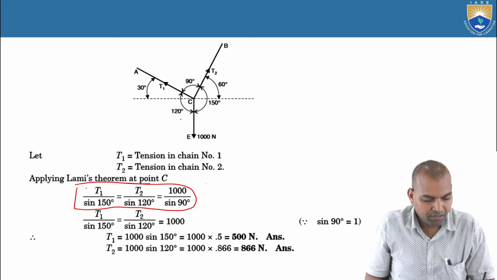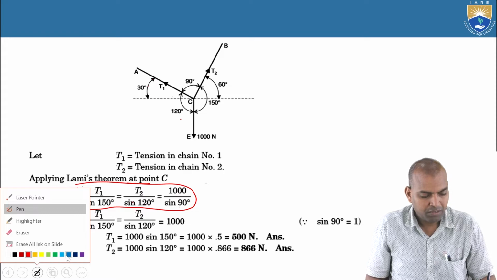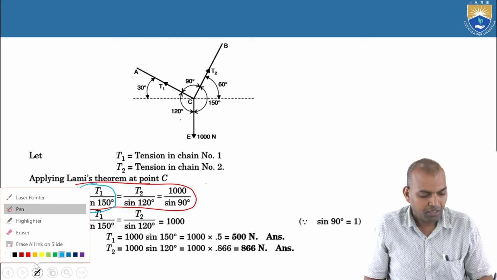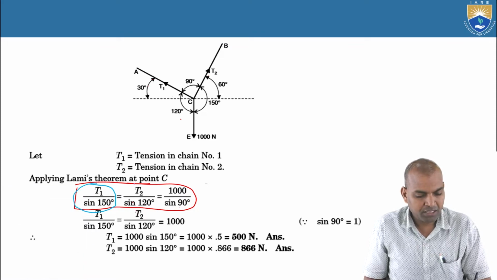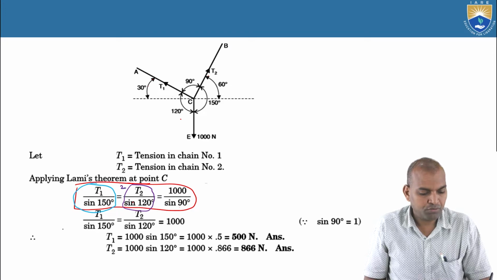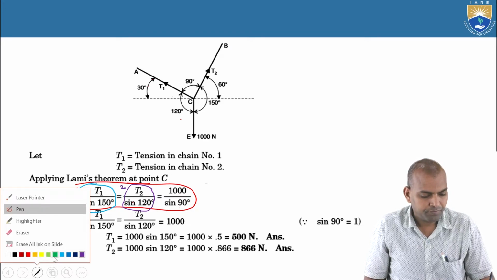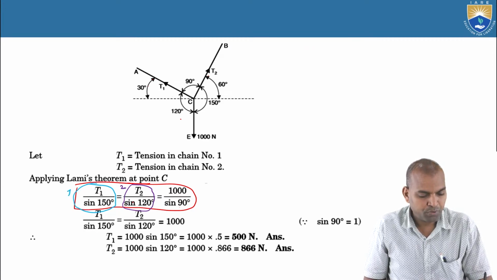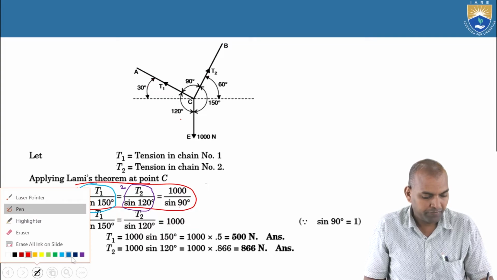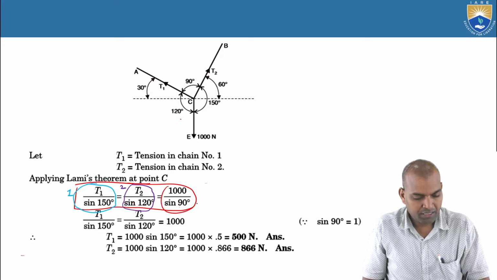So if you consider this is part 1, T2 is part 2, and the final part is part 3.